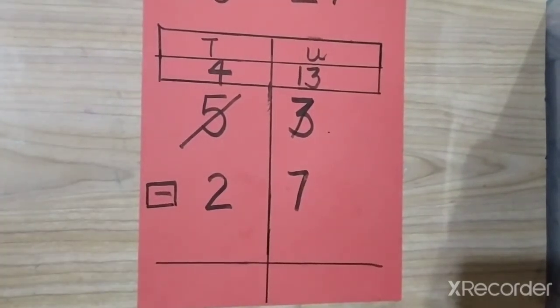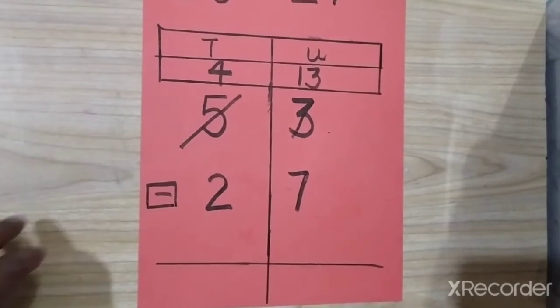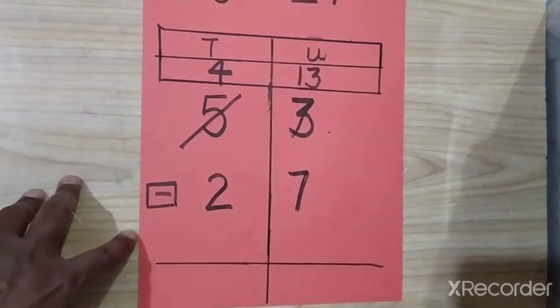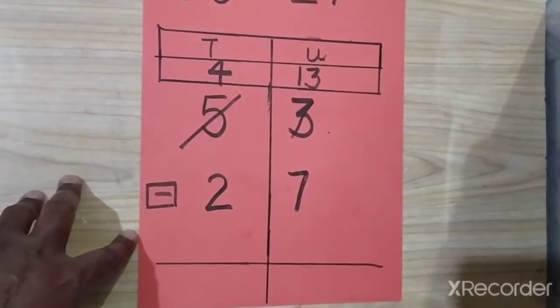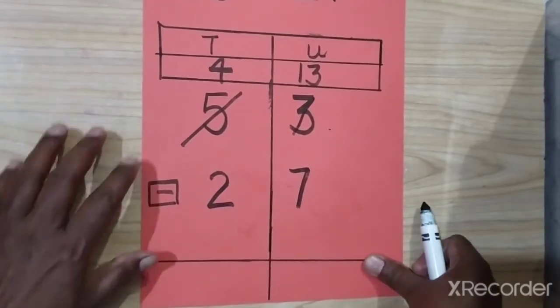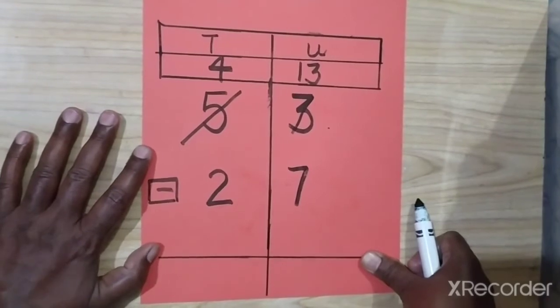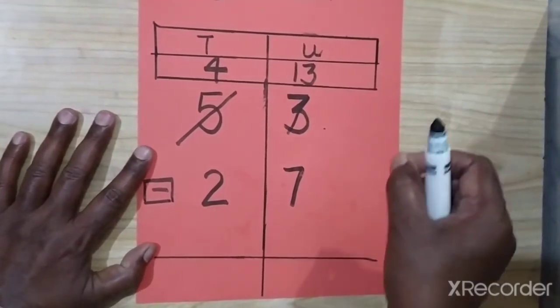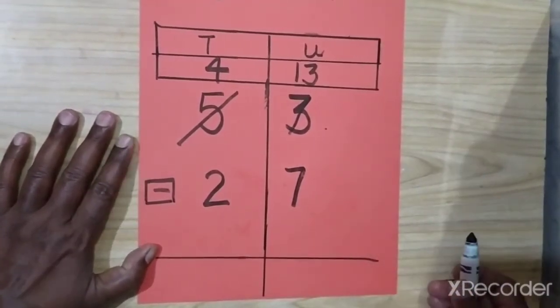Now what do we have here in the units place? 13 minus 7. Now can we do subtraction in the units place? Yes, because 13 is a bigger number now. It is bigger than 7. So let's subtract. Now children, till now you may have been subtracting by drawing objects and cancelling and all that.